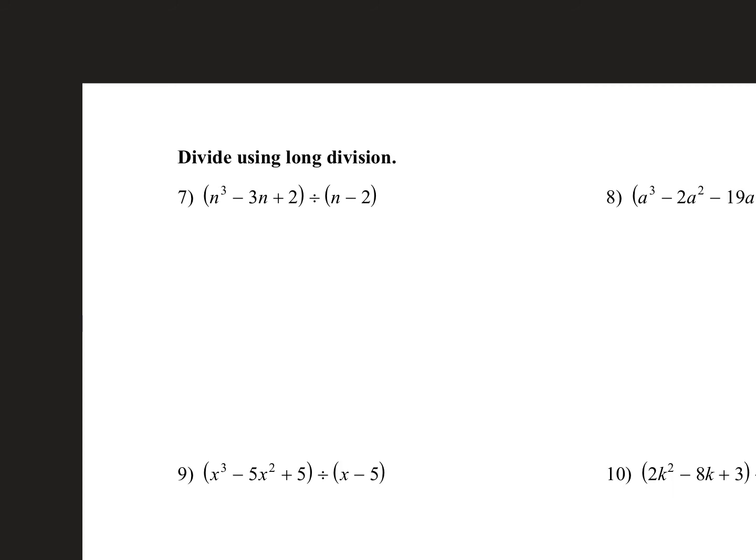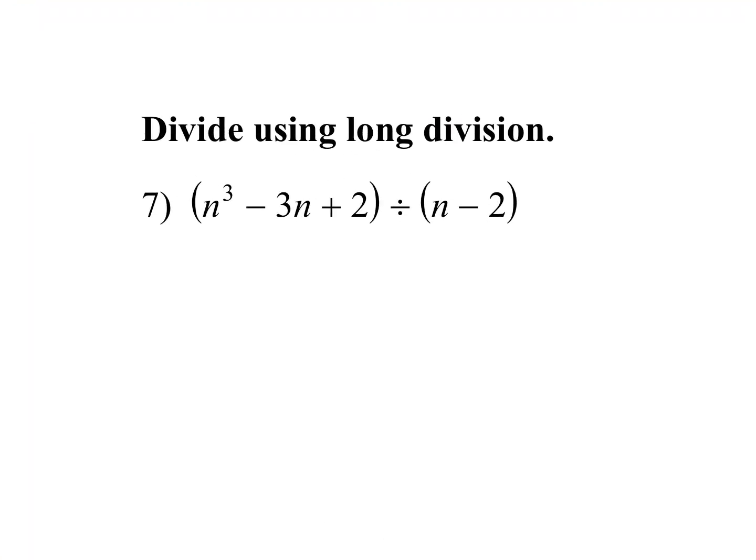All right, let's look at number 7. So when dividing with long division, you have to make sure all of your terms are represented. So if we start with an x cubed, we need an x squared, an x, and just a number with no x. So here we start with an n cubed. Do we have an n squared? No. What do we do if we're missing a term?